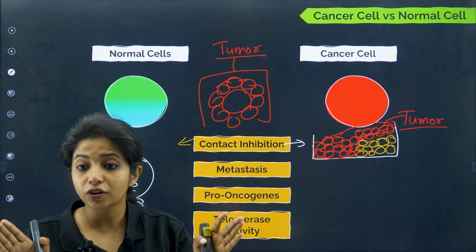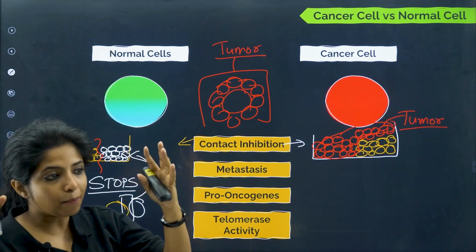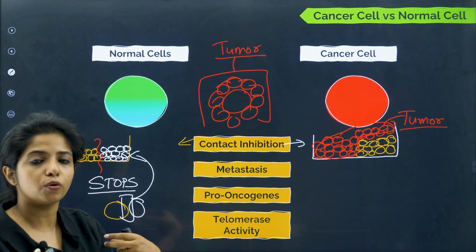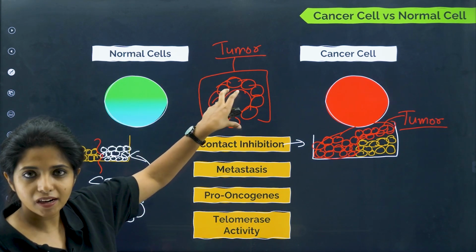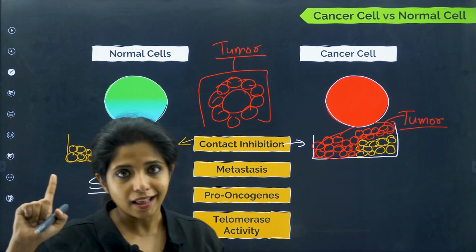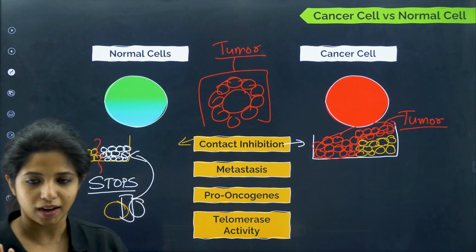Please understand, the word tumor means a mass of cells together which has been growing because of uncontrollable growth. But there are different types of tumors. One type of tumor is cancerous, whereas the other is not cancerous. Please understand that. We'll come to that.